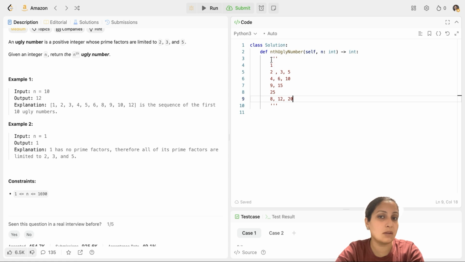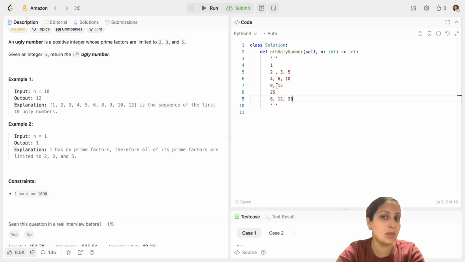If you look at these values, it seems like a graph or a priority queue question, because when you multiply 1 by 2, 3 and 5, you get these. Then you multiply 2 to get 4, 6 and 10. So you take 1 and 2 out, and then you take 3 out, and then you have to find the minimum out of 4, 6, 5 and 10.